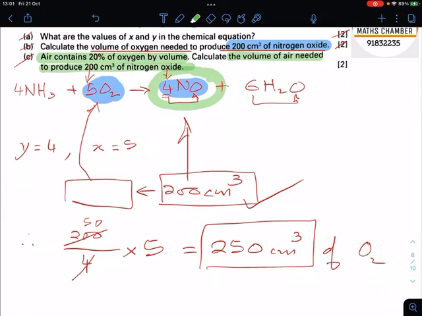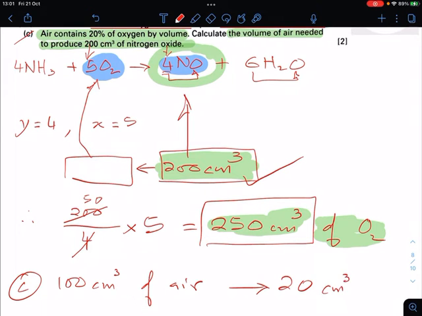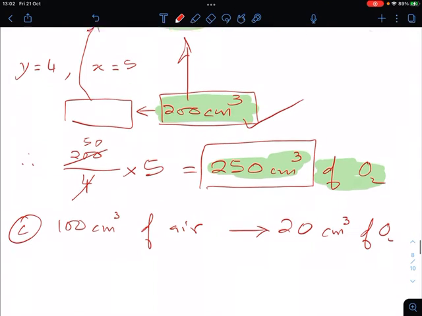Of course, that corresponds to 250 cubic cm of oxygen. Now we are given that air contains 20% oxygen. That means 100 cubic cm of air corresponds to 20 cubic cm of O2, oxygen.